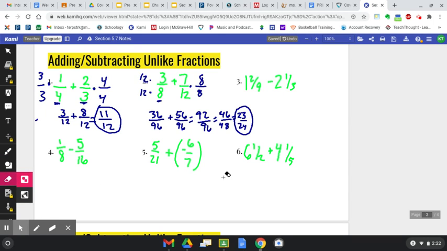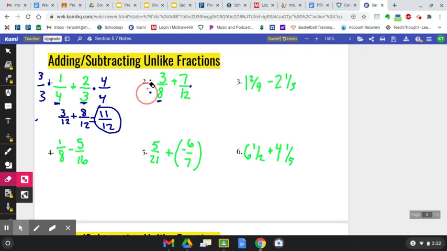Or what I can do, let's back up here for a minute and find the least common denominator. So that was essentially what we're doing: we're reducing it right at the beginning, and we're finding the least, so I don't have to reduce it at the end. I know that 24 is a multiple of 8 and 12, and it's the least.